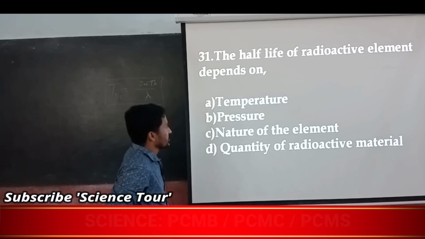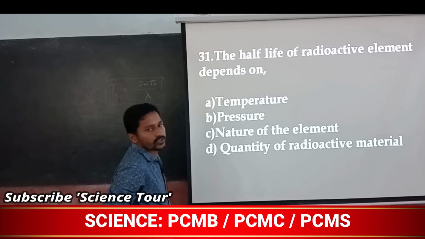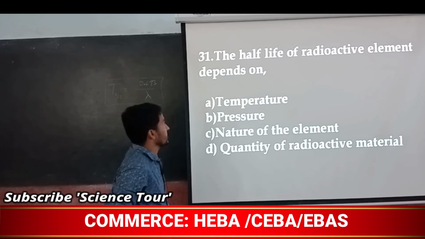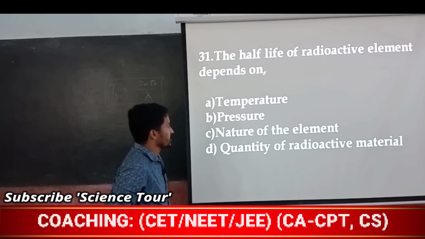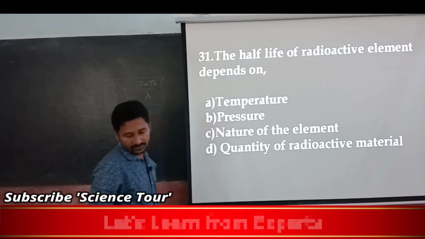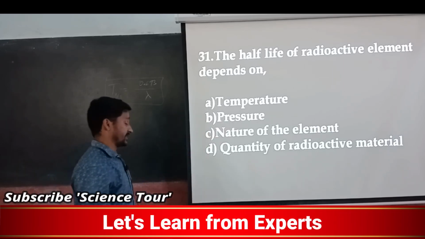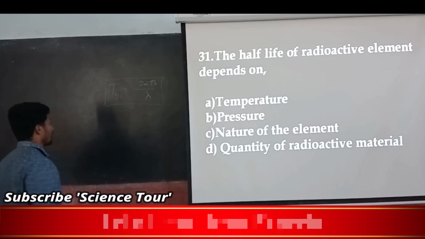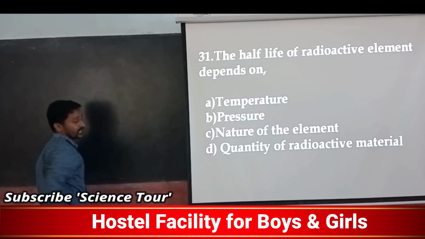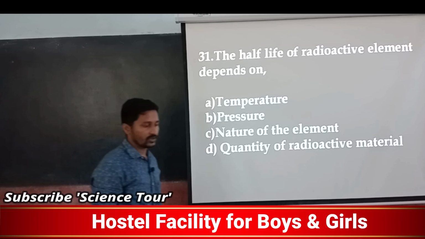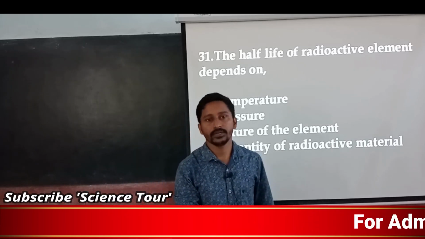Temperature, pressure, quantity of radioactive material, no. It depends on the nature of the element and does not depend on anything else. It depends on the decay constant, and the decay constant depends on the material.